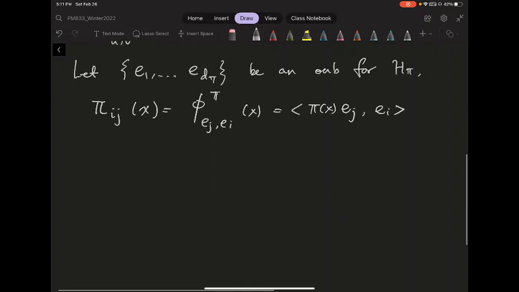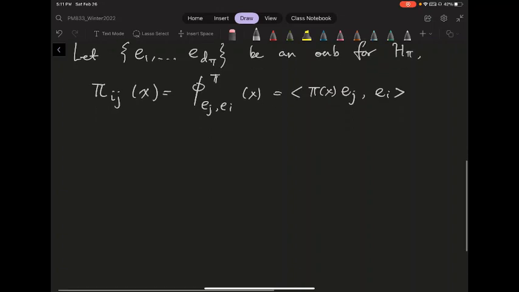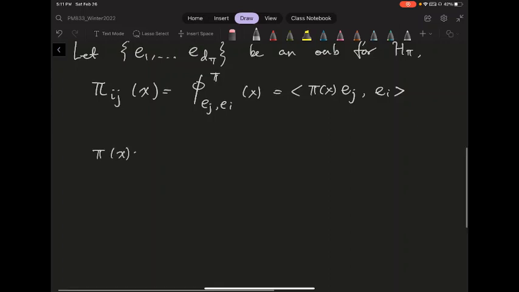Why this function is important is because once you fix an orthonormal basis, you can write every operator on your H pi as a d pi by d pi matrix. So the pi of x, you can think about it as this d pi by d pi matrix where the ij entry is the pi ij of x. This is the ith and this is the jth.